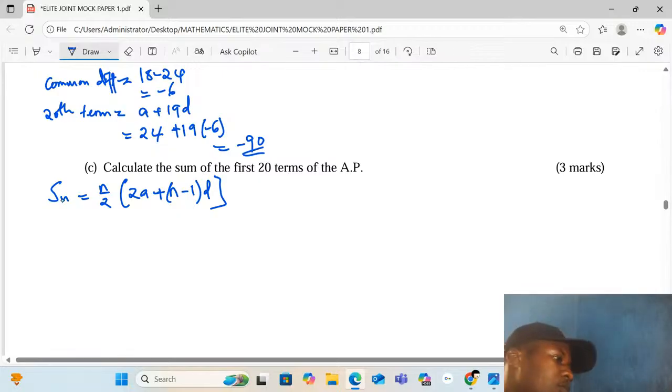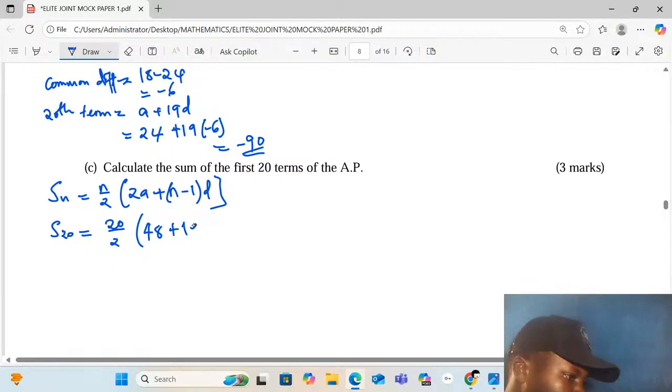So your sum of the first 20 gives you 20 over 2 into 2 times 24, that is 48, plus 19, that is 20 minus 1, we get 19, then times the difference, which is negative 6.